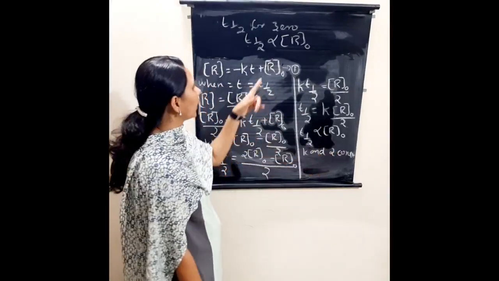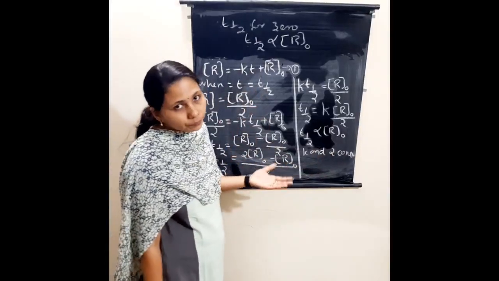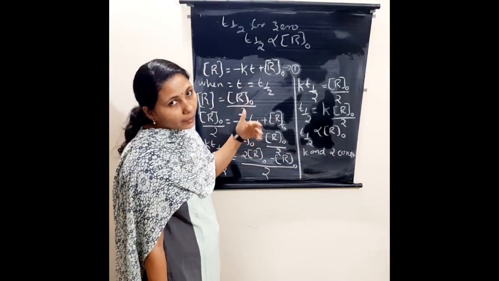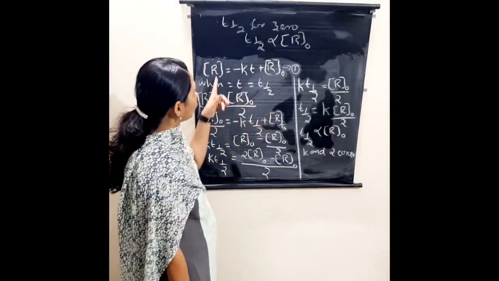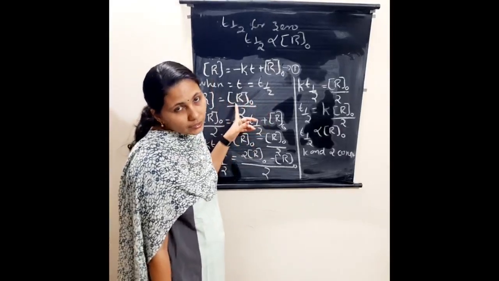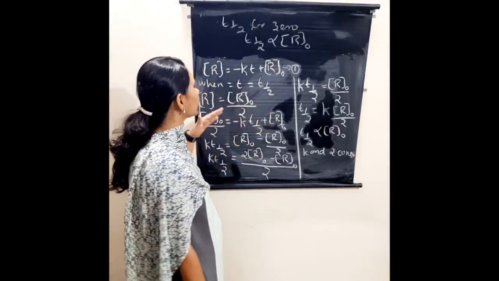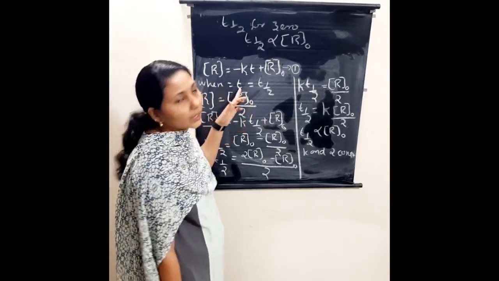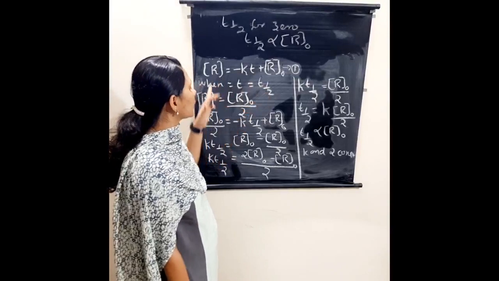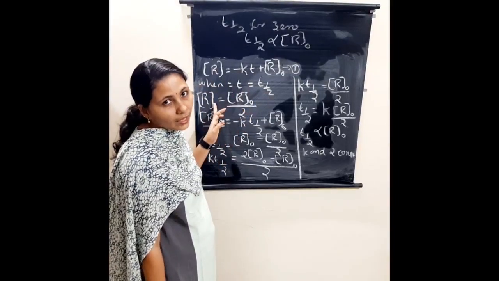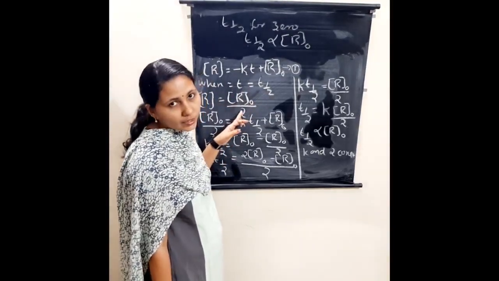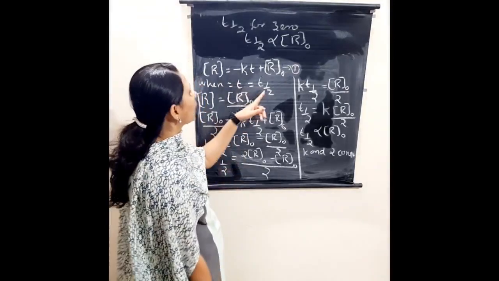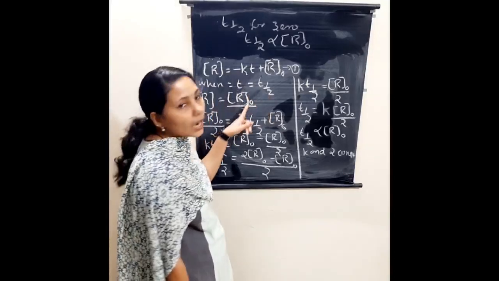For calculating T half, when T equals T half, the concentration of the reactant becomes R0 by 2. R0 by 2 means the initial concentration becomes half. So when T equals T half, R equals R0 by 2.